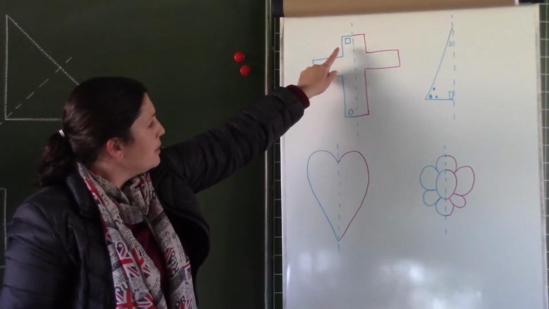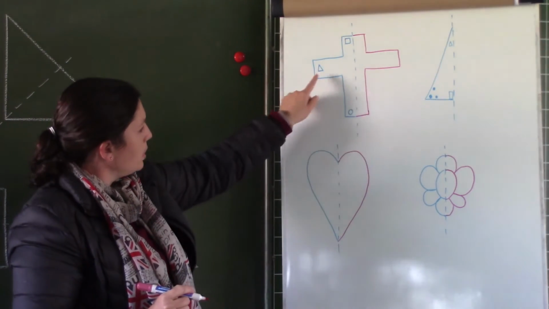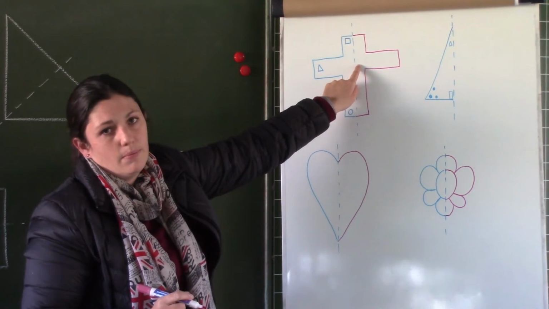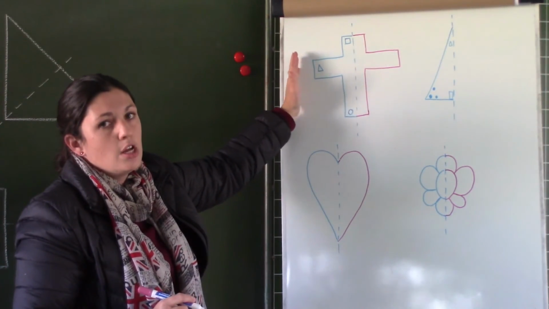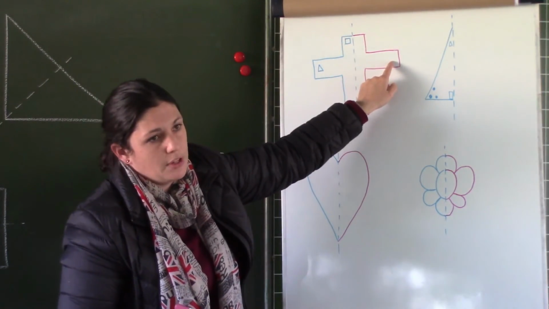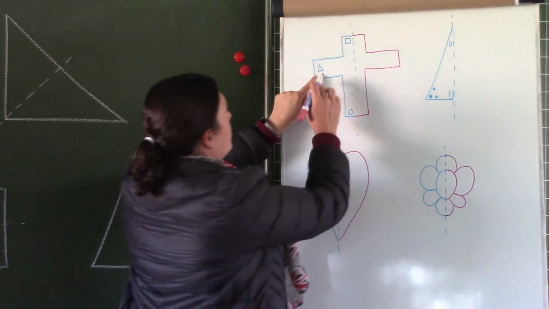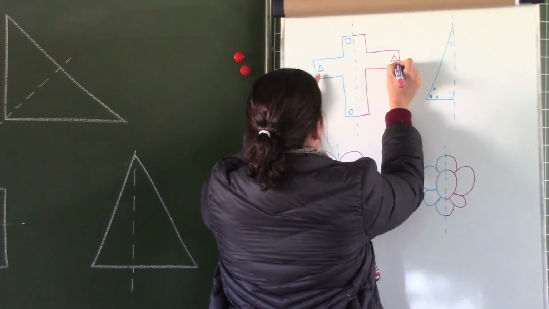Now, what about the square, the triangle, and the circle? Some of you think that because the triangle's there, it must go over there. That's not true. The triangle is on this left-hand side. So if you have to fold this over, this triangle would touch over there. So you have to make sure that you do it as close as you can over there.